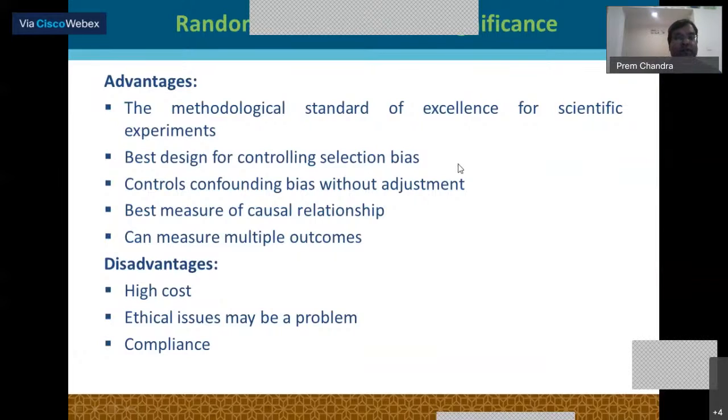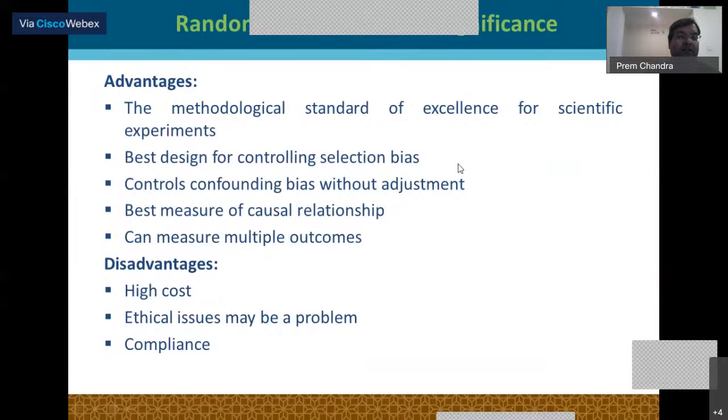So you can really assess the cause and effect relationship. It can also measure multiple outcomes. As Dr. Yasin pointed out, in an RCT there could be one or two primary endpoints and a number of secondary endpoints. When you conduct an RCT, you can focus on one or two main outcomes, which we call primary outcomes.